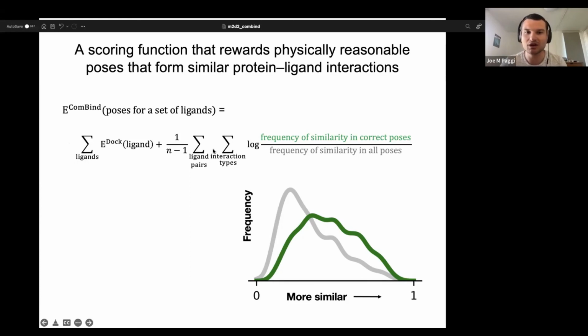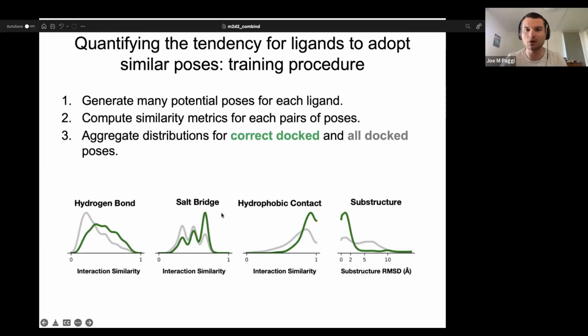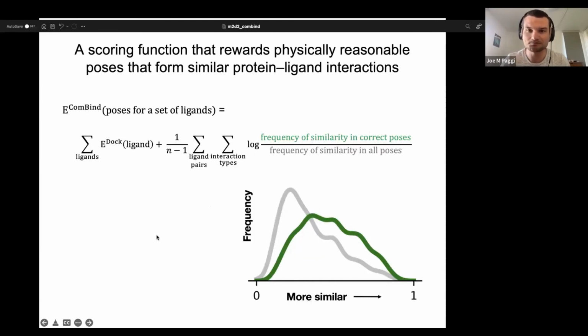Then for the second part, we do a sum over all of the ligand pairs, so we're going to have n squared terms. For each ligand pair, we sum over each of the interaction types, so each of these four different terms.